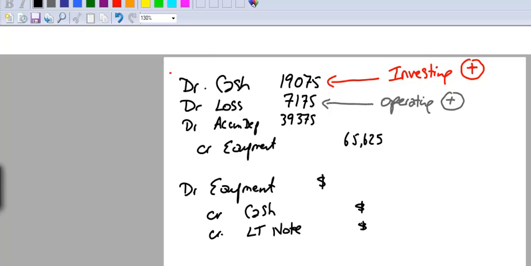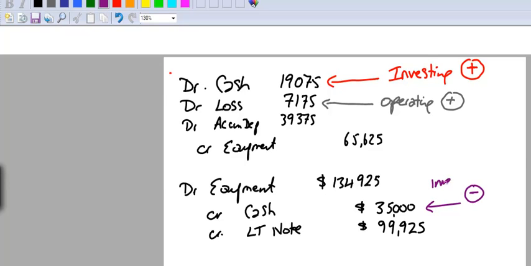The long-term note is as follows. You paid $35,000 cash. The equipment was for $134,925, and this long-term note is the difference. Your note is $99,925. This $35,000 cash is a minus, and it goes in investing.